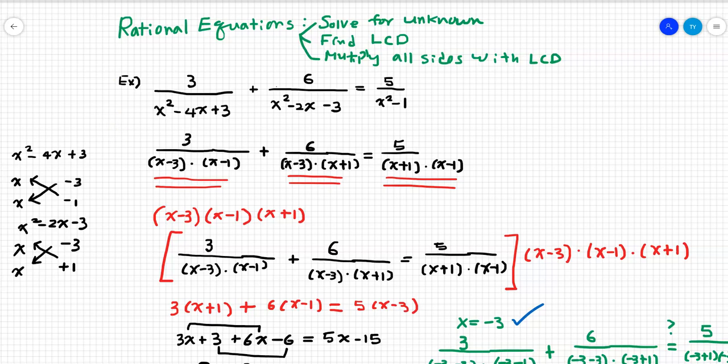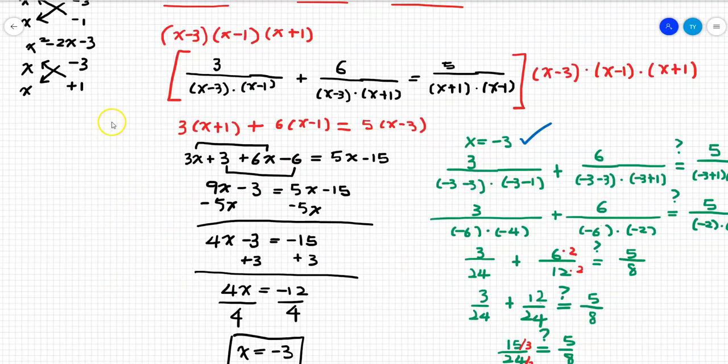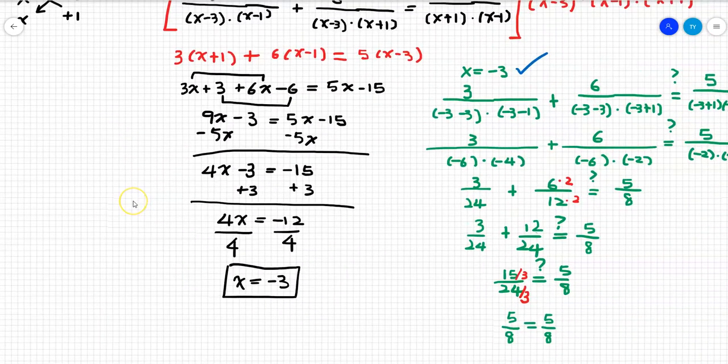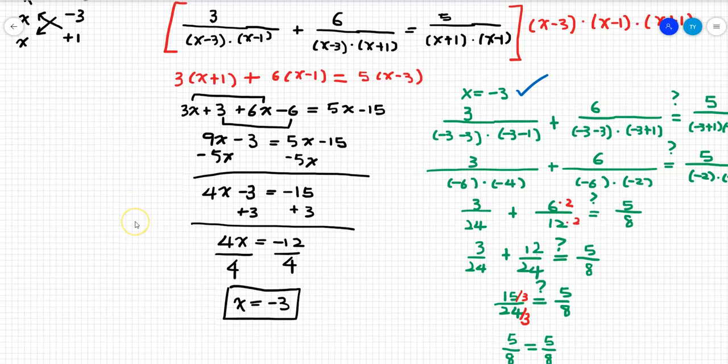The other thing that we're going to have to remember is that we will have to come up with the LCD. In order to come up with the LCD, you look for all the denominators. You just write everything that you see in there, except you don't want to write the duplications.